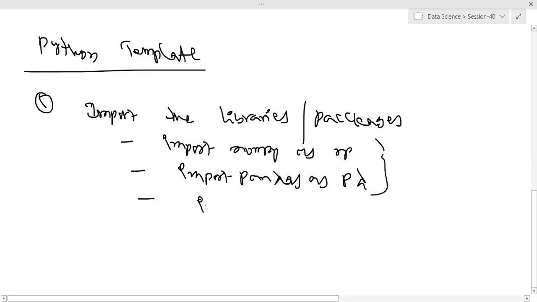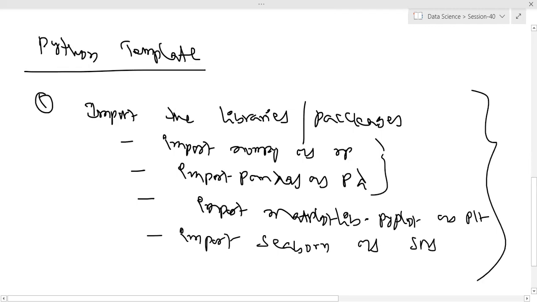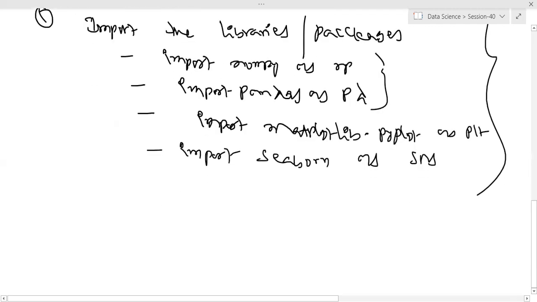Sometimes we need to import matplotlib.pyplot as plt, and Seaborn also we will use, guys. Import seaborn as sns. These are the most commonly used, and the terminology should be very familiar.